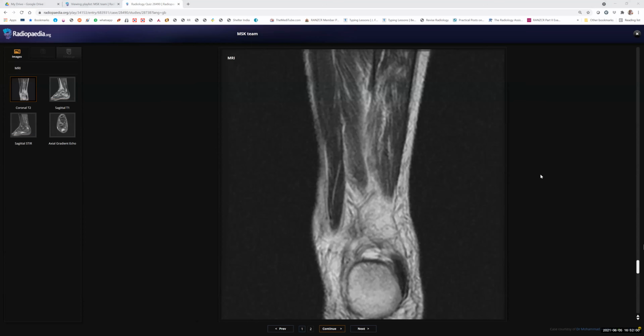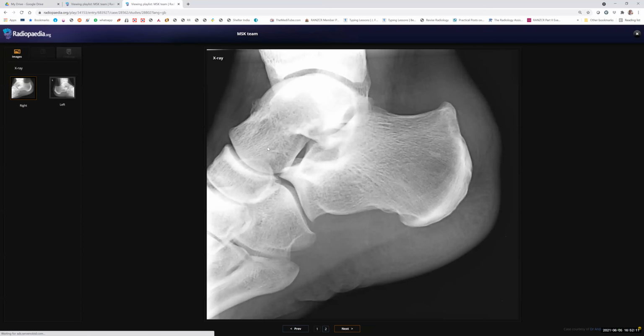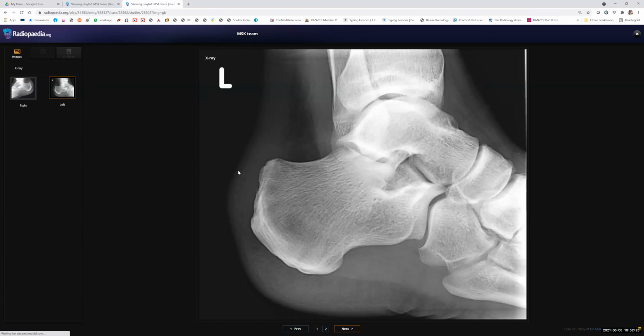Then this one is a combined case: pain at the back of the heel, right greater than left. So compare both right and left. Here there is a bony projection, it is convex, and there is soft tissue swelling. You can compare here: it is concave, and there is some thickening of the Achilles tendon, and the Kager fat pad is very clear.